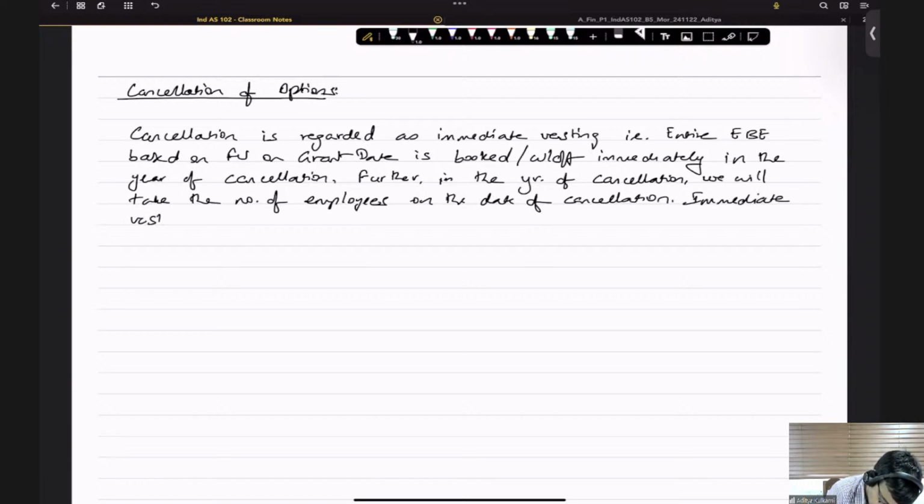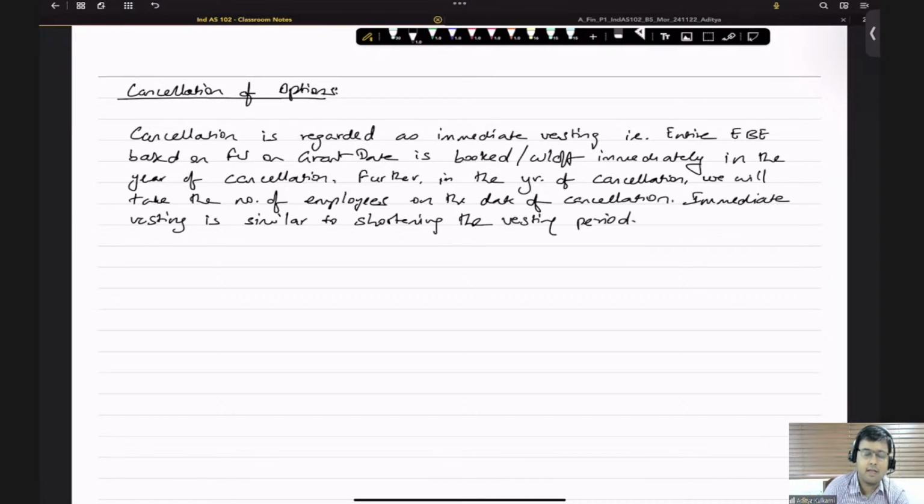Immediate vesting is similar to shortening the vesting period. Shortening the vesting period.